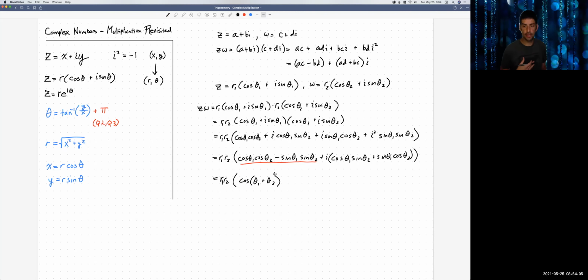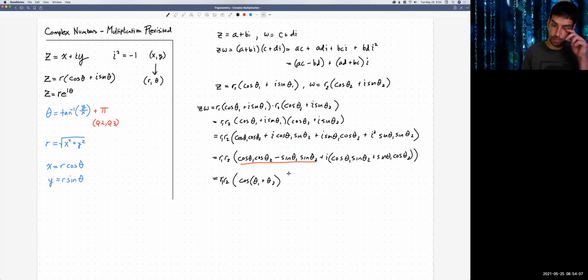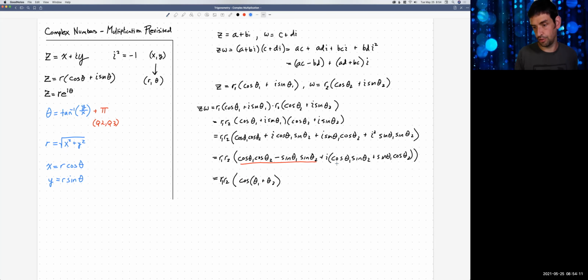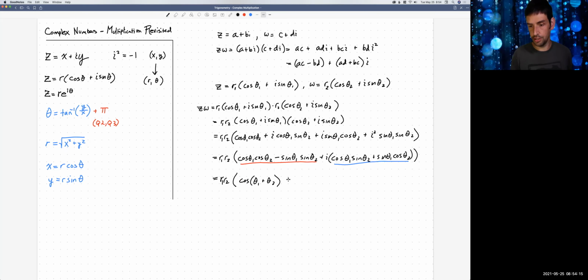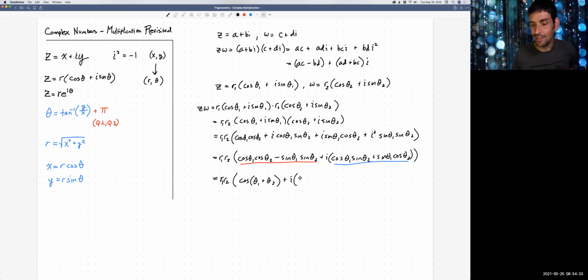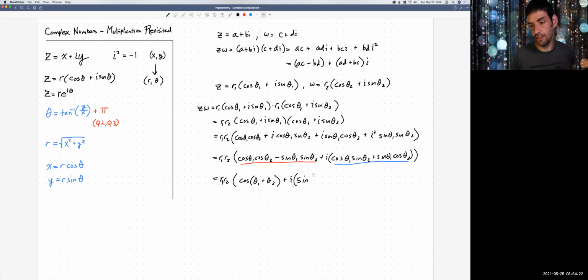All right, so go back and look at your sum formula for cosine, and this is exactly what you get. So we're just going in the opposite direction. And if you look at this part, the part underlined in blue is the sum formula for sine of theta 1 plus theta 2.